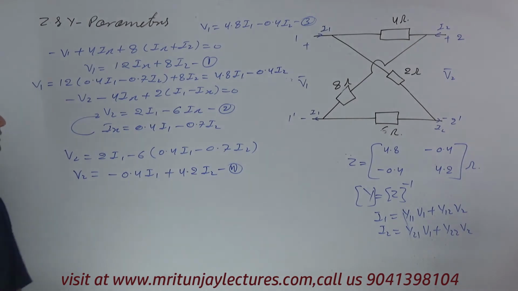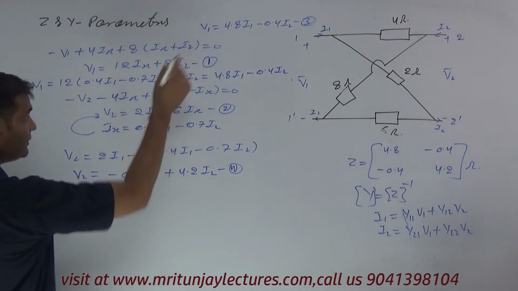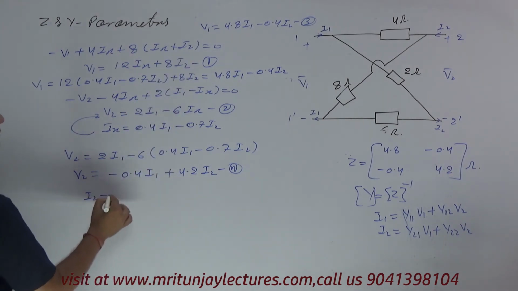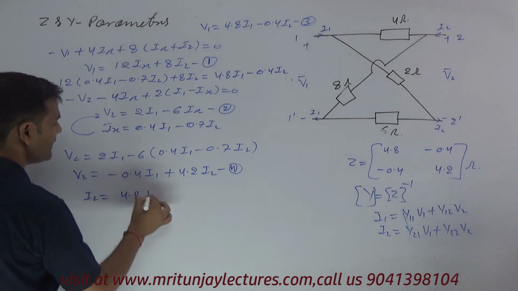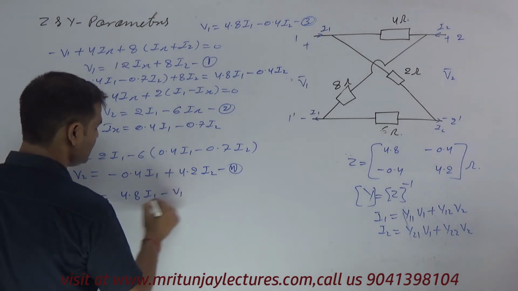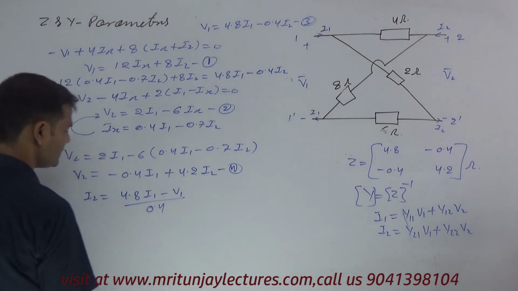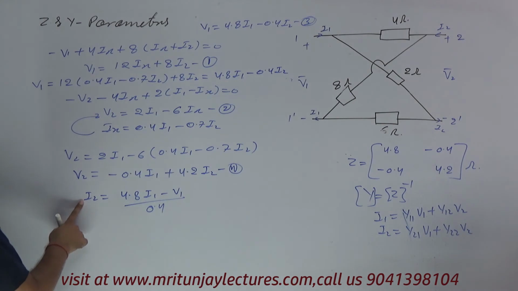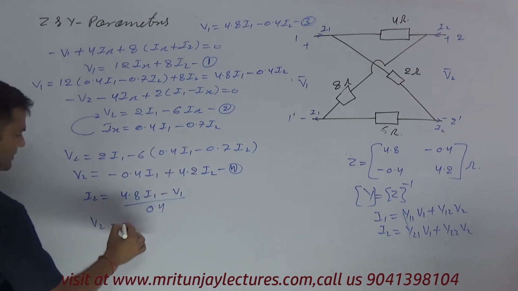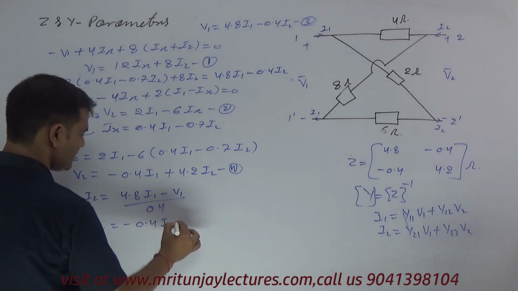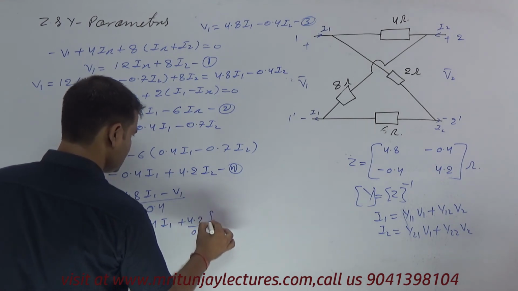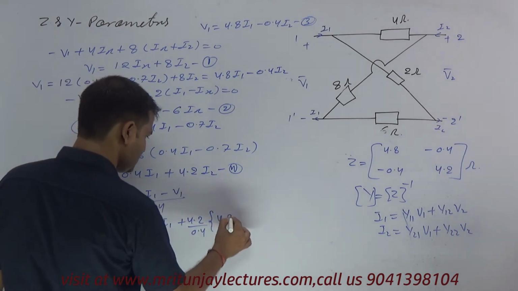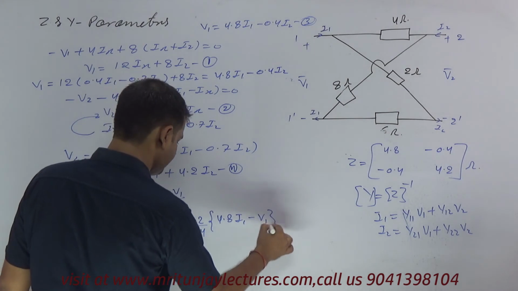Okay. So now corresponding to here, I2 is, that is 4.8 I1 minus V1 divided by 0.4. So if this value is put here, then we got V2 equal to minus 0.4 I1 plus 4.2 divided by 0.4 into 4.8 I1 minus V1.